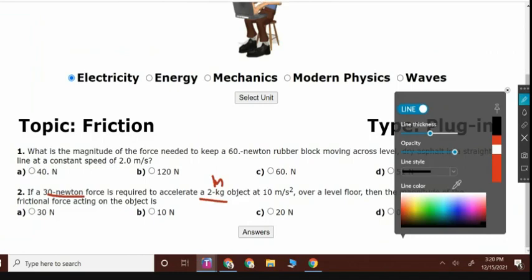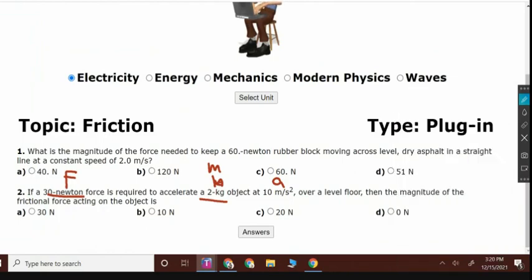There's M, there's F, and there's A. So right away, when you hear M, F, and A, that takes you back to the old stuff. What is the friction force? Now, you might say, why don't I use this? Well, how would you use it? How could you find the mu when you don't know what the surface is? So I realize I can't do it this way, but I could do it like this.